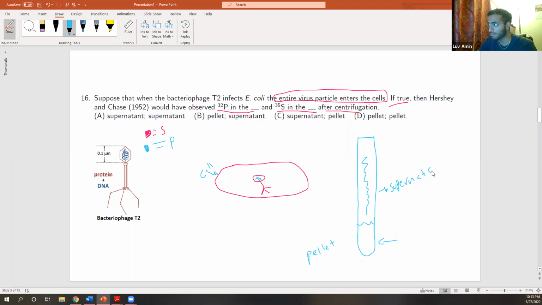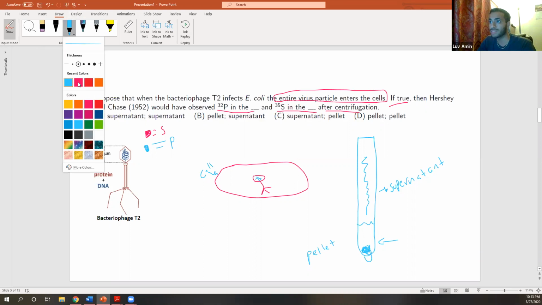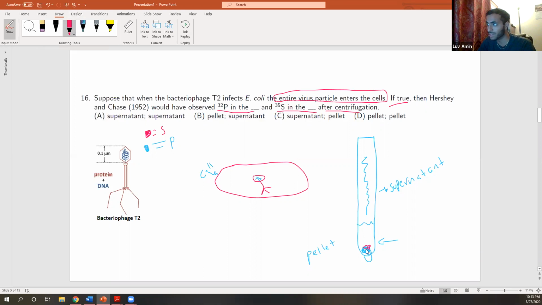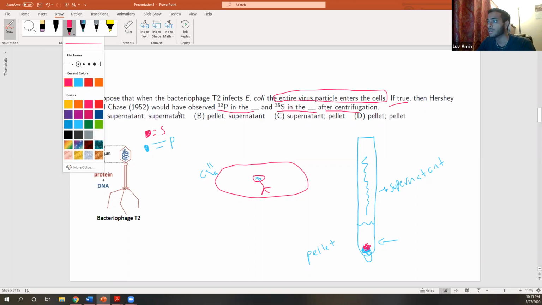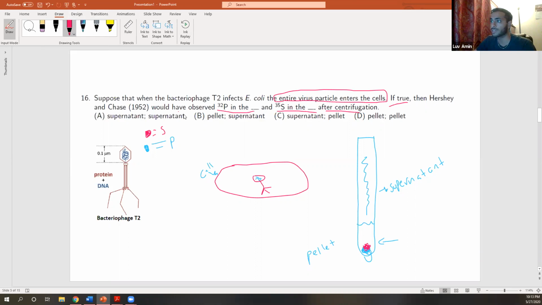Just some vocab. So in our case, we're saying that the entire virus particle enters the cell. Where would we see both phosphorus and sulfur? Well, they're both in the cell, right? So we'd probably see them in the pellet down here. We'd see red and blue down here, which would prove to us that the whole virus went in. So what answer choice defines that?